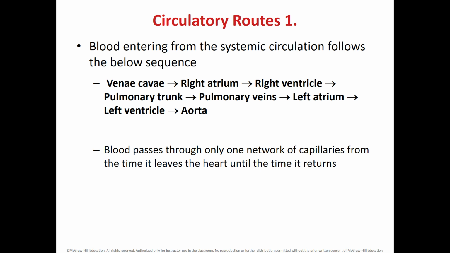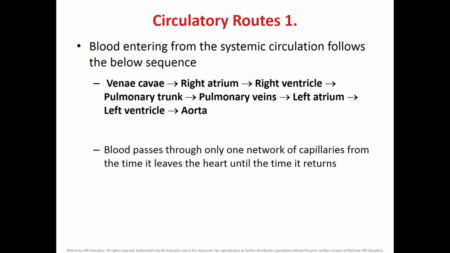Now the blood follows certain circulatory routes, and this is another key point for you to understand. So when you have blood entering from the systemic circulation, it will follow a specific sequence. It goes from the vena cava, superior and inferior, and brings blood into the right atrium.